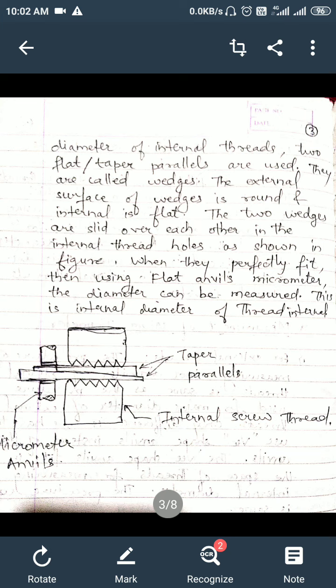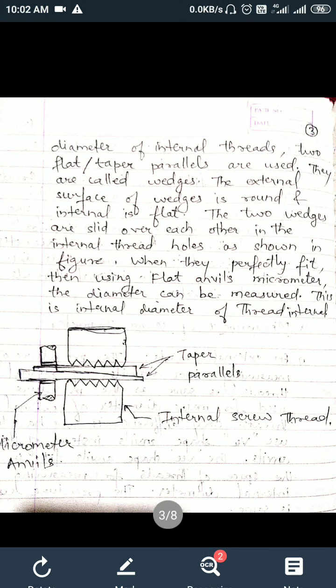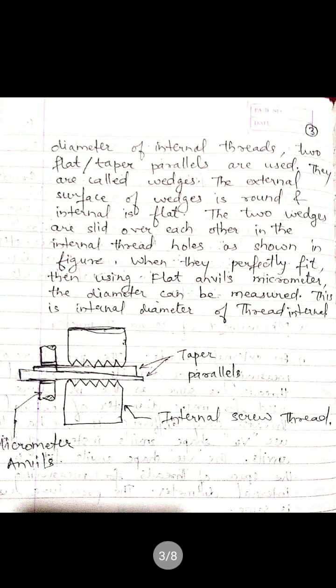The two wedges are slid over each other into the internal thread holes as shown in the figure. When they perfectly fit, then using a flat anvils micrometer, you can measure the diameter of the internal threads, correct? This is the minor diameter of internal threads.